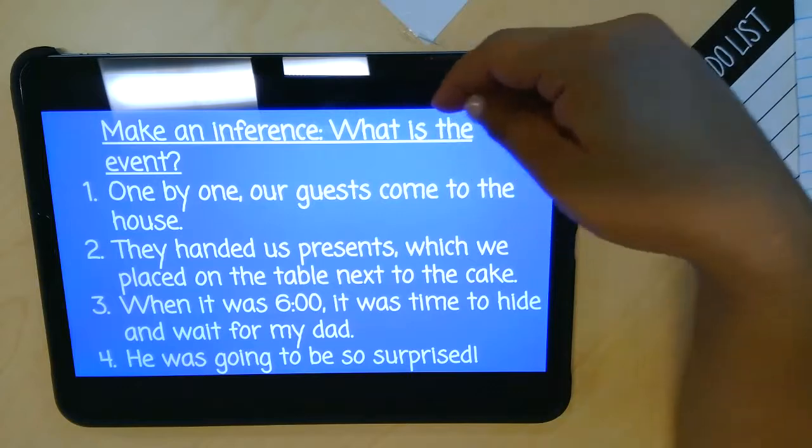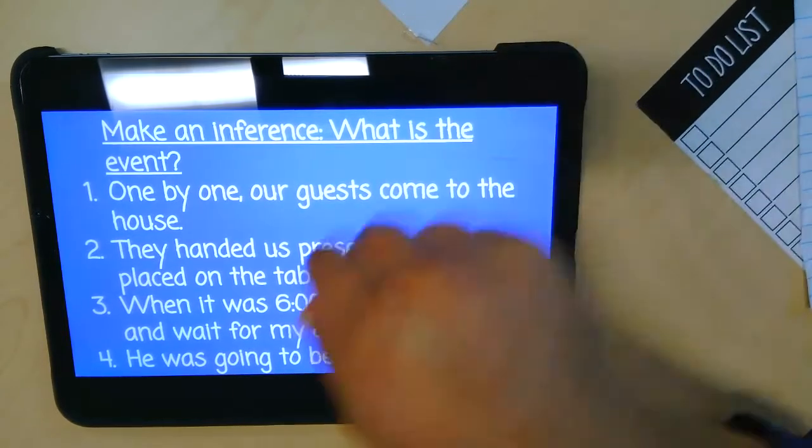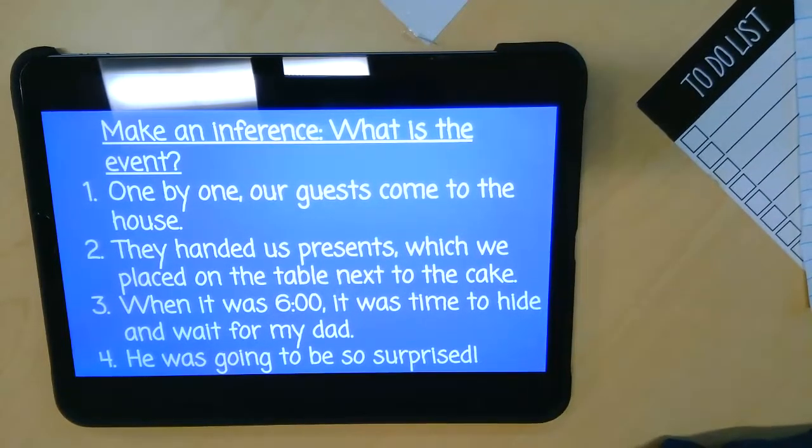What is the event? Okay, one by one, our guests come to the house. They handed us presents, which we placed on the table next to the cake. When it was 6, it was time to hide and wait for my dad. He was going to be so surprised.